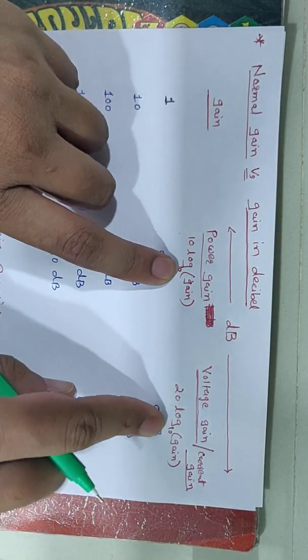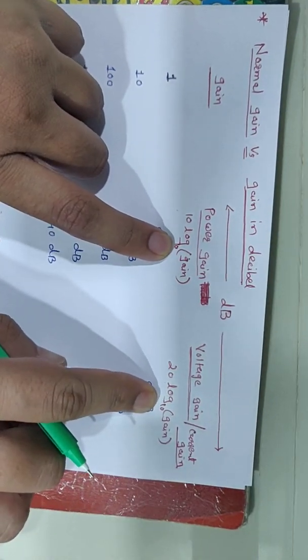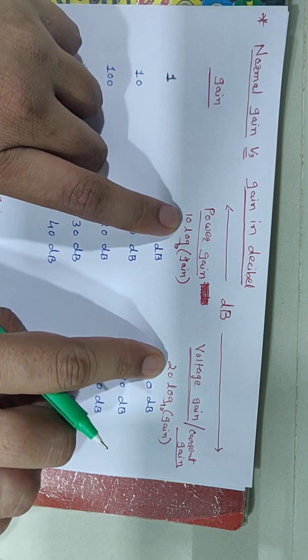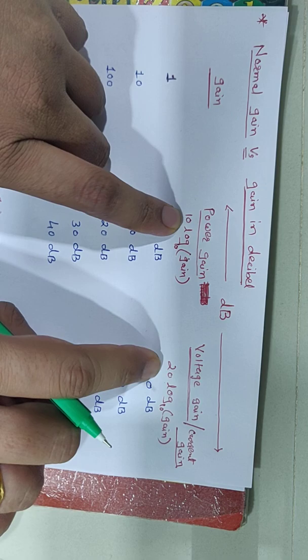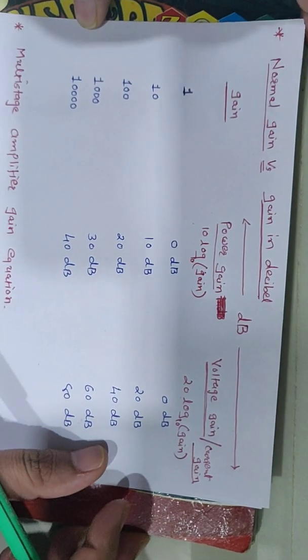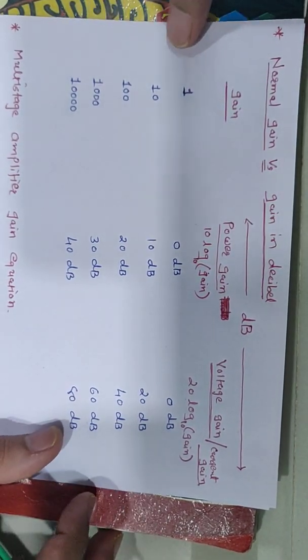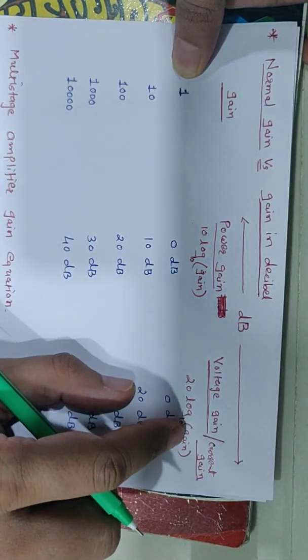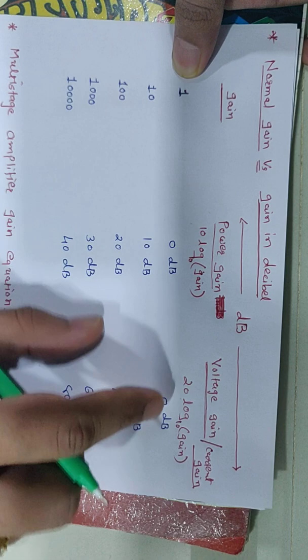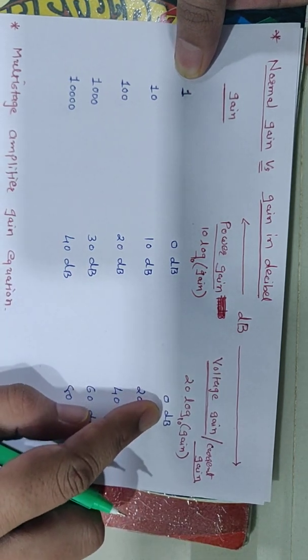This is the power gain column, this is the voltage or current gain column. The equation for both has this difference: this equation contains the 10, this equation contains the 20. From this table, if we put the value 1 in this equation and 1 in this equation, we will get 0 dB in both cases.